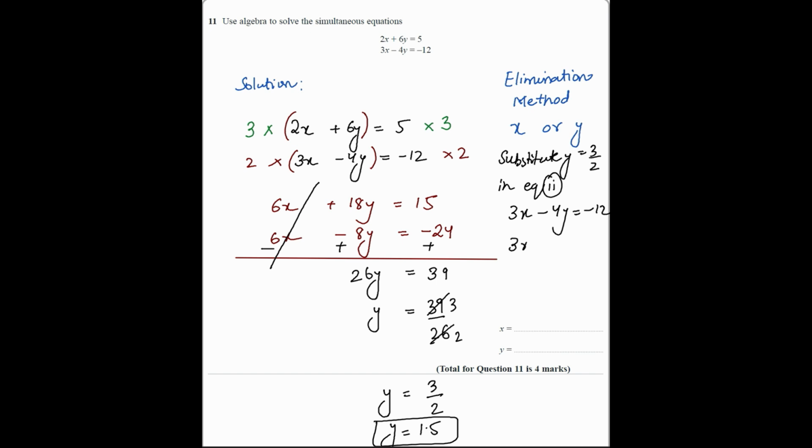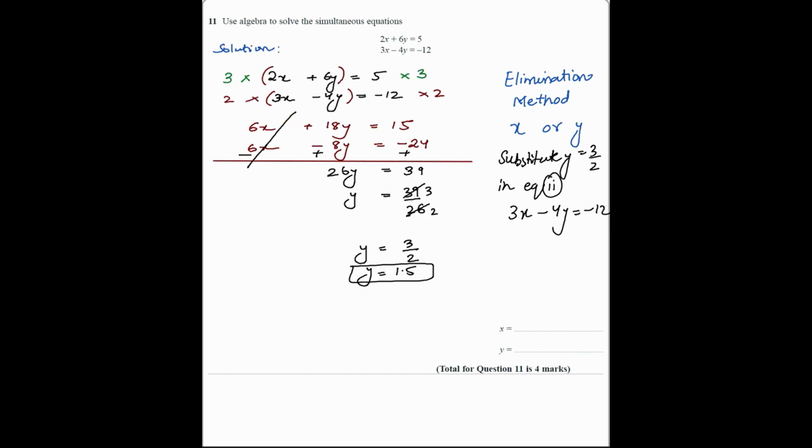Then 3x minus 4 times 3 over 2 equals negative 12. After this step, we can do 2 into 1 is 2, 2 into 2 is 4. So that would give you 3x minus 2 times 3, which is minus 6, equals minus 12.